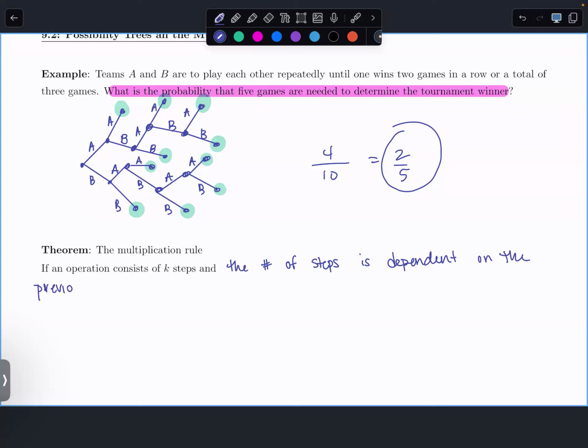Is not. That's what I said. That's not what I wrote. Lord. Sorry. It leaks. The number of steps is not dependent on the previous step. I was like, what am I looking at? What is that? No offense, I can't really talk about it.